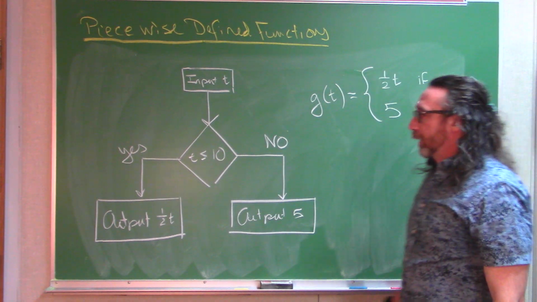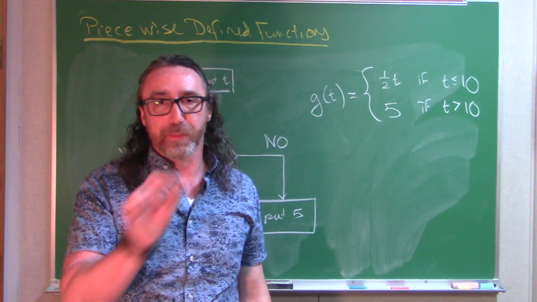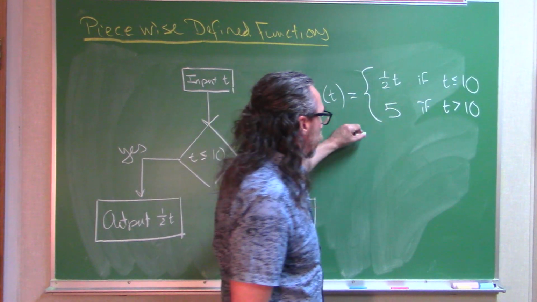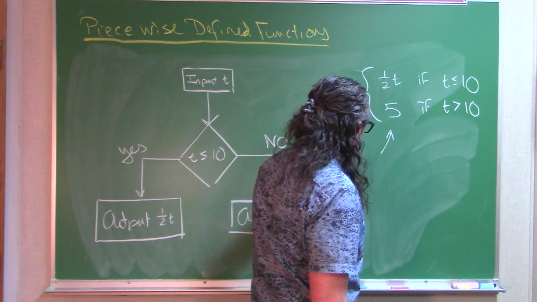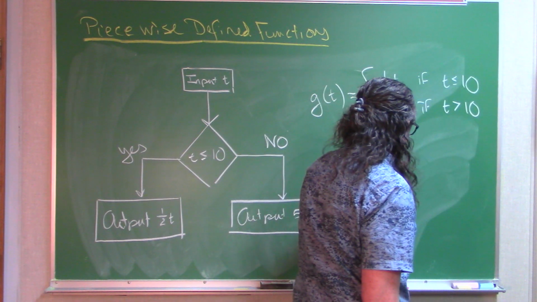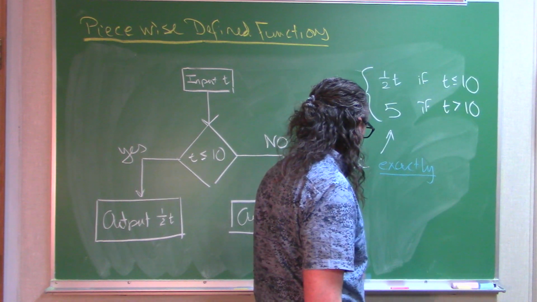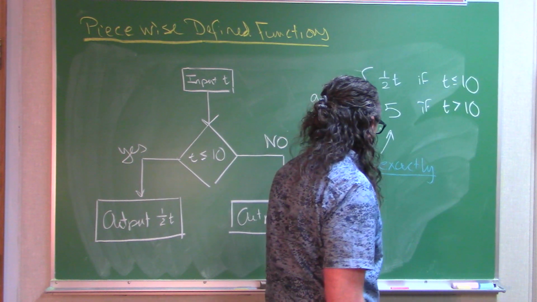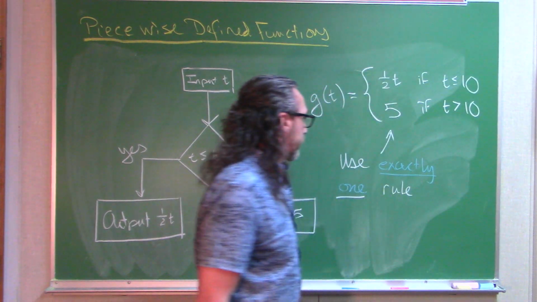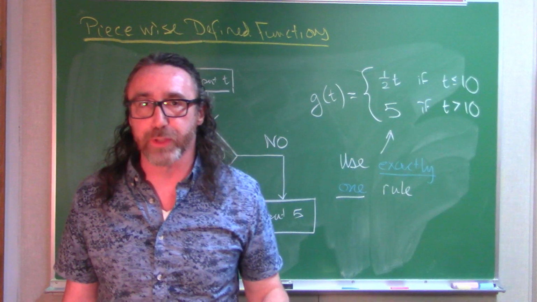Okay? Now, if you're given an input to a piecewise defined function like this, you are going to use exactly one rule. I give you an input, you are going to take that input and use exactly one of those rules on that input.